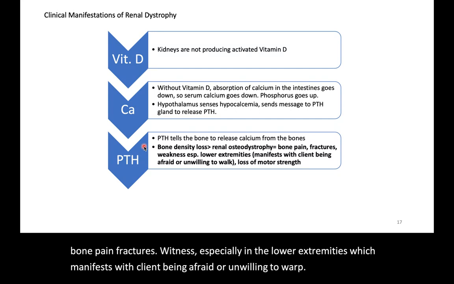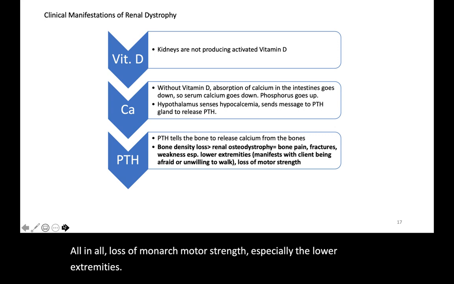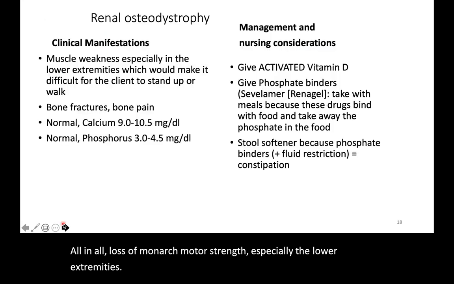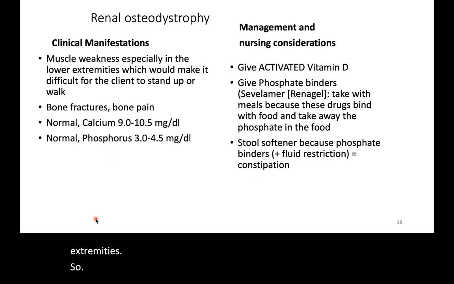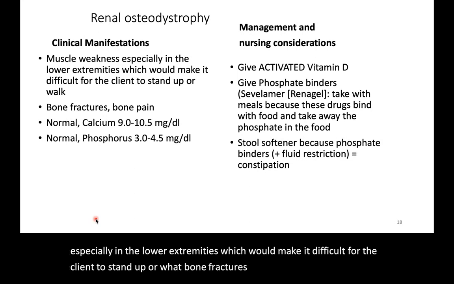All in all, loss of motor strength, especially in the lower extremities. So the clinical manifestations, like I already mentioned, are muscle weakness, especially in the lower extremities, which would make it difficult for the client to stand up or walk, bone fractures, or bone pain.